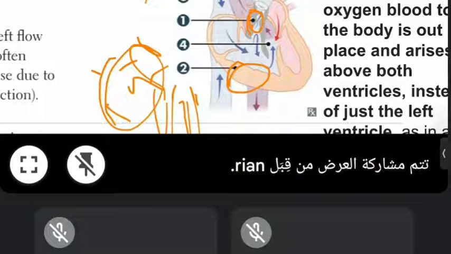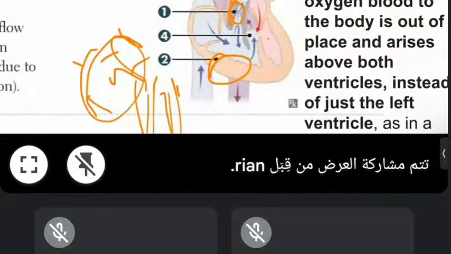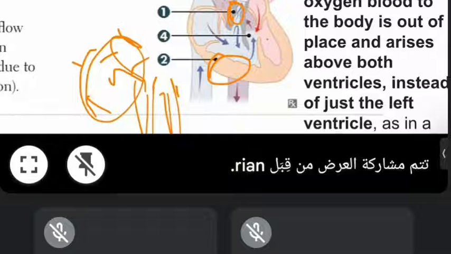It's not only above the left ventricle, it's also above the right ventricle. As you can see here, an overriding aorta means the artery that carries high-oxygen blood to the body, which is the aorta, is out of place and arises above both ventricles, instead of just the left ventricle, which is normal.